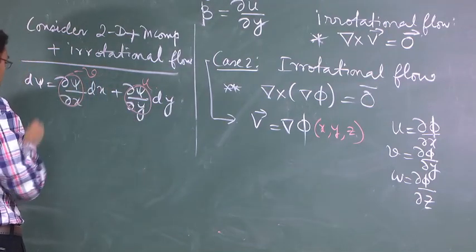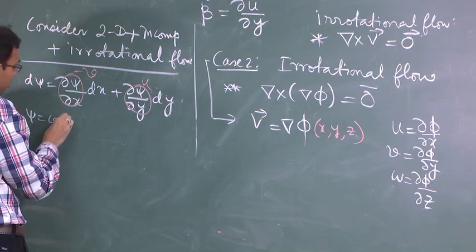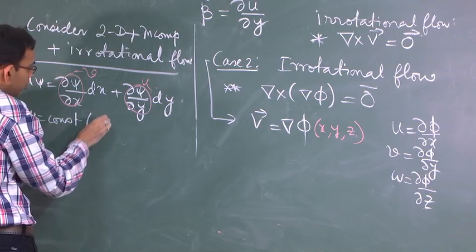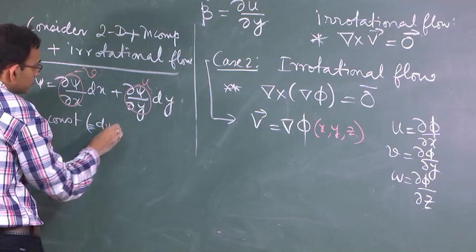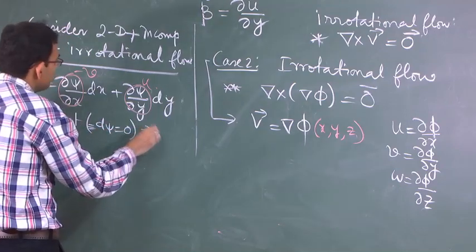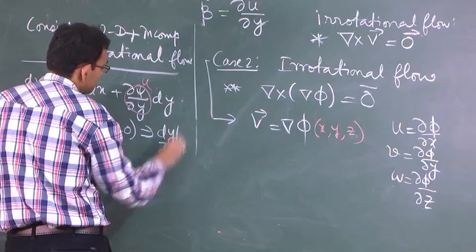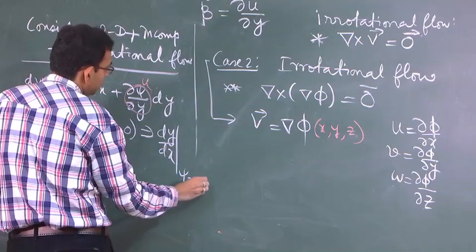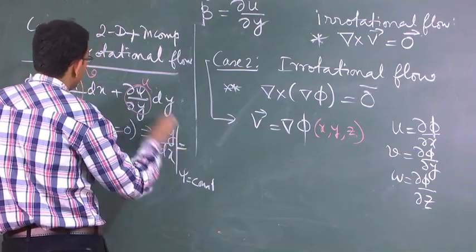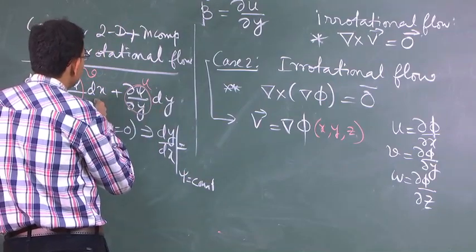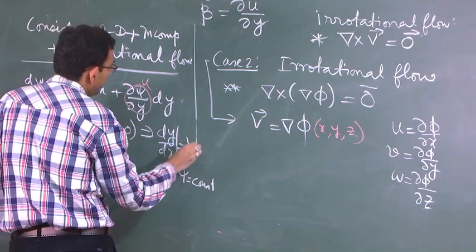So, psi equal to constant, or equivalently d psi equal to 0, will lead to dy dx for psi equal to constant. So, you just write dy dx is equal to v by u.